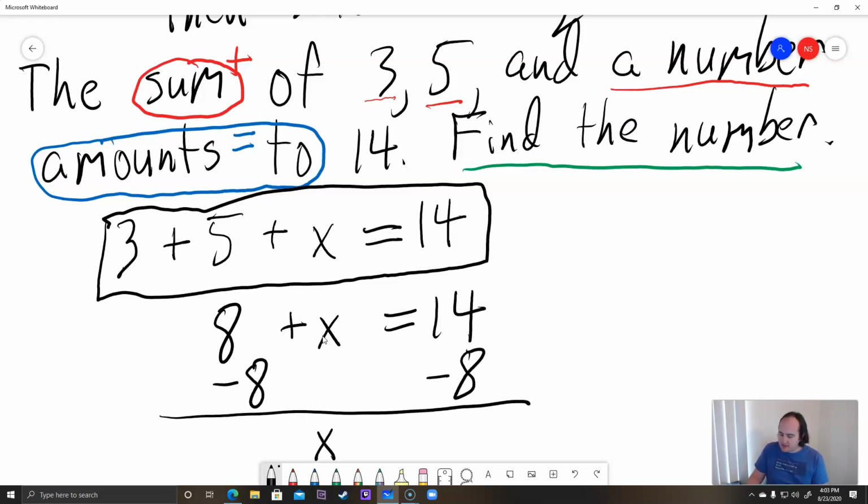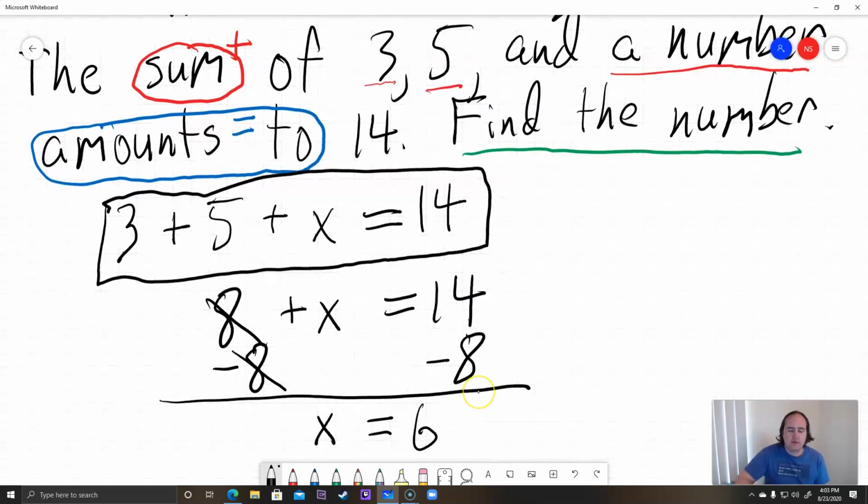And that actually gives us x equals 14 minus 8, which is 6. So when they say find the number, they actually want us to, let me scroll down a little bit. They want us to solve the equation, and we did solve the equation. So the number they were looking for is 6.